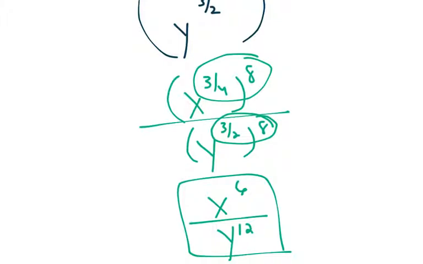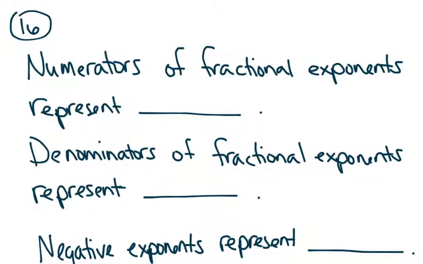Number 16 is a fill in the blank. Numerators of fractional exponents represent blank. So here's an example of a fractional exponent. The numerator of the fractional exponent is just the exponent.